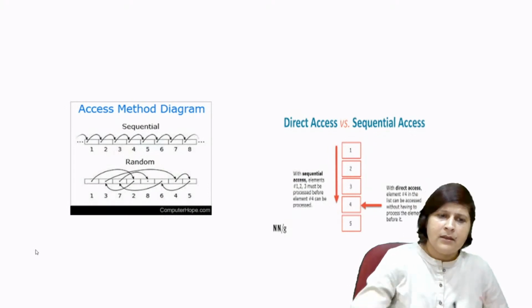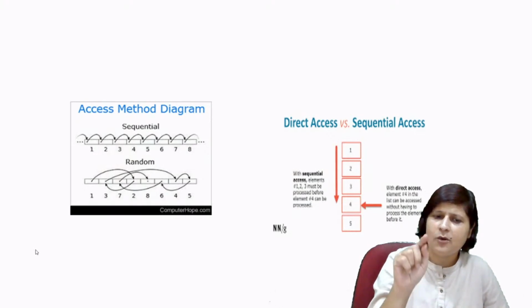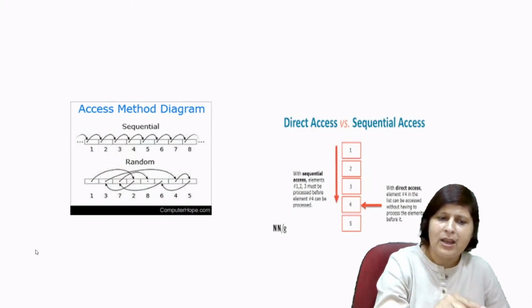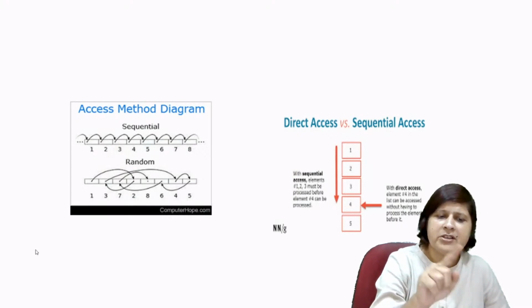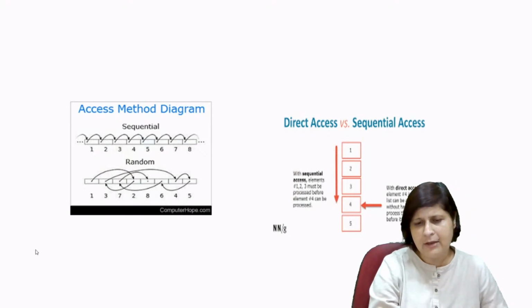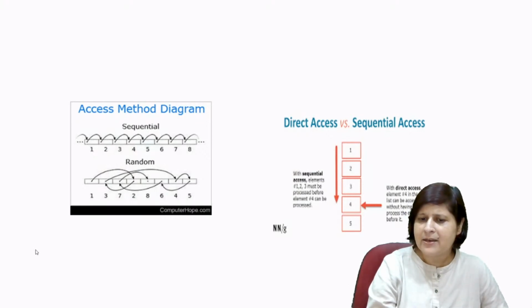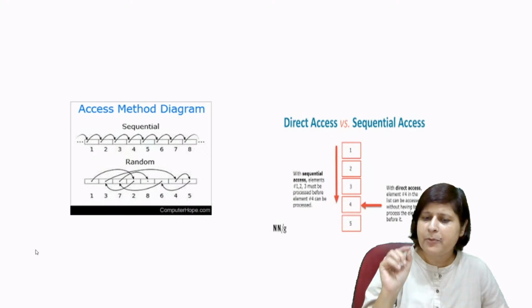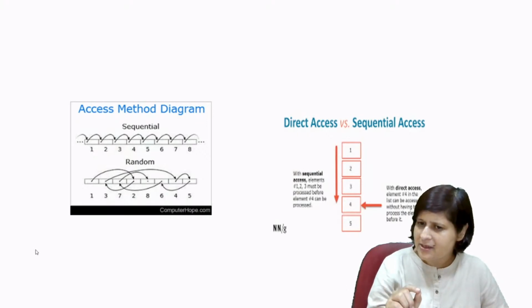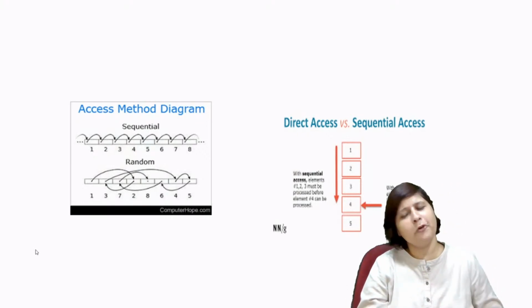See the access method diagram: sequential access and random access. In the sequential method, you have to move sequentially, while randomly you can move from first to second, first to eighth, fifth to sixth, or fifth to first. Anywhere you can move. With sequential access, elements 1, 2, 3 must be processed before element 4 can be processed, while in direct access, element 4 can be accessed without processing the elements before it.